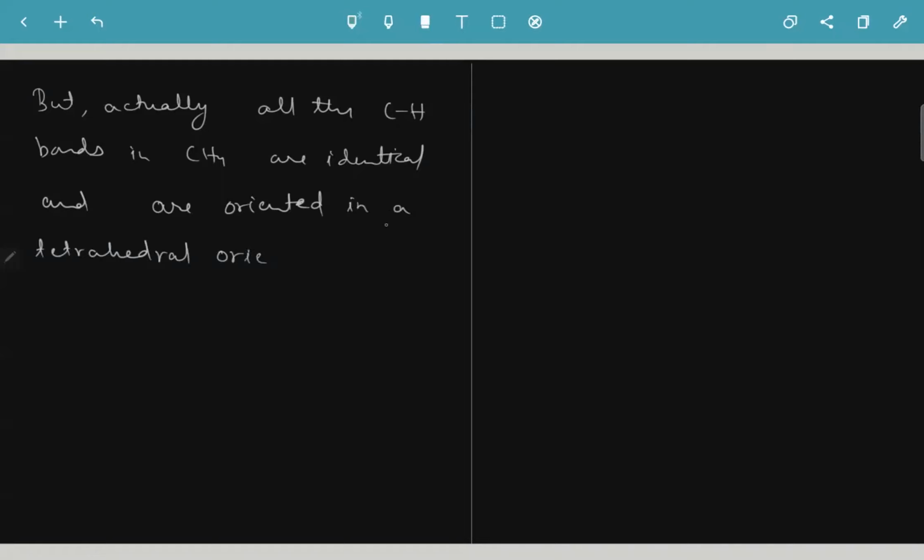They have a tetrahedral orientation. I will explain again in the next lecture.